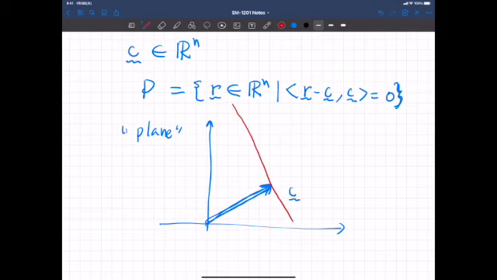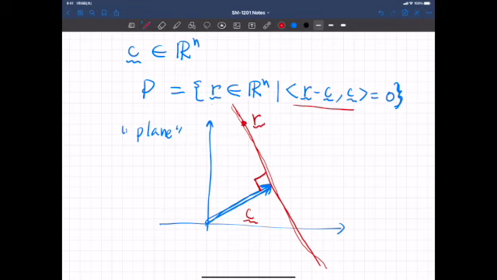So it contains this point and is perpendicular to this vector. So this set of points corresponds to this red line. This is C. So why is it so? Why does this have this meaning? Consider this dot product. Any point on this line, let's call it R.